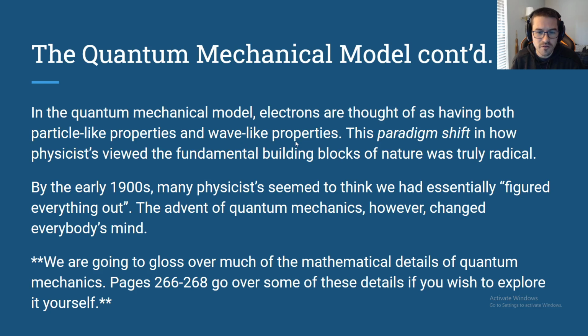Some of those properties might be a wavelength or a frequency or an energy, like an amount of energy. So in the quantum mechanical model, which Bohr started, electrons cannot be thought of as only having particle-like properties. They have to be thought of as having both particle-like properties and wave-like properties, okay?